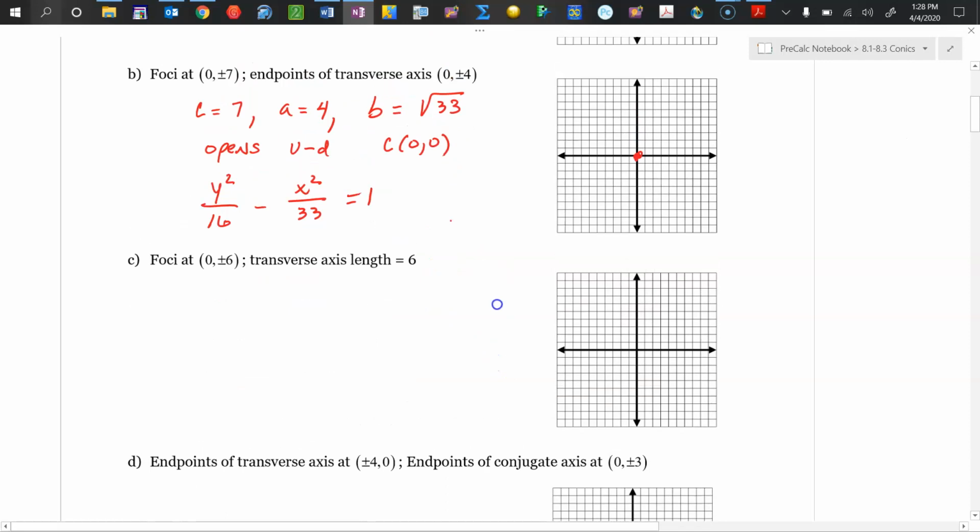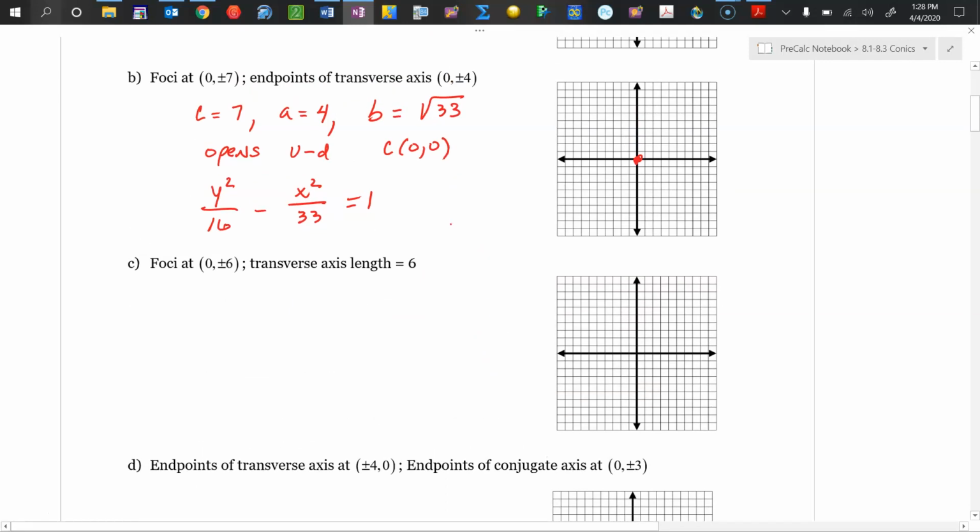So we'll try another one like this. Information is given in a slightly different format. So focal points at 0 plus or minus 6. So that hyperbola is going to open up down. Let's see, 1, 2, 3, 4, 5, 6. So right there's a focal point. Let's use open circles for focal points. And there's another focal point over here.